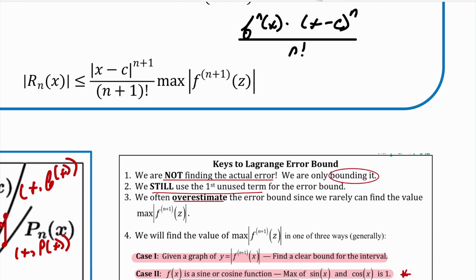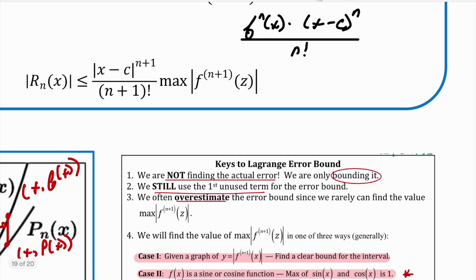Now, if you look at the error bound calculation, all the parts are the same for n plus 1. So this is basically, I think we called it the neglected term. In other words, the term after where you stopped. So this is the next term, the n plus first term. Let me point some things out.